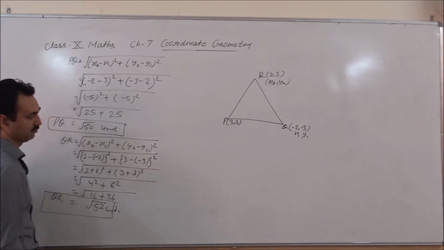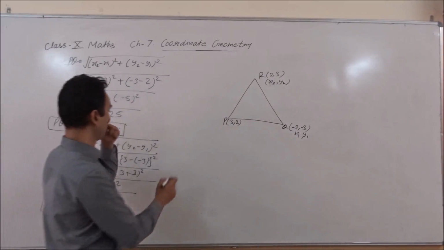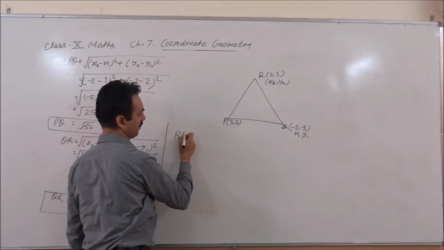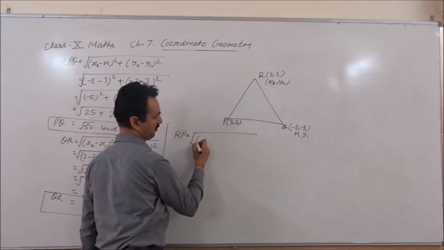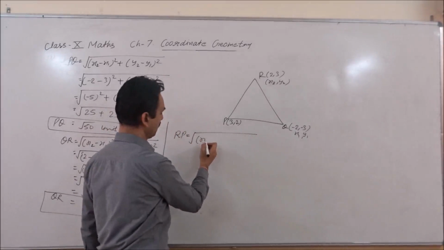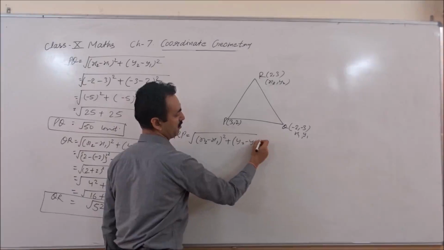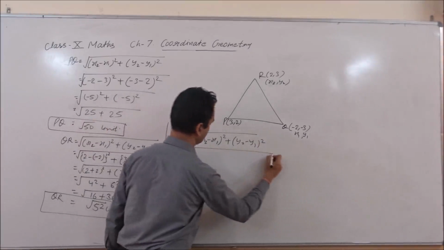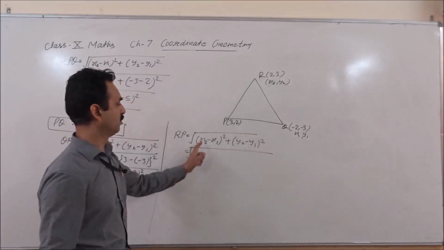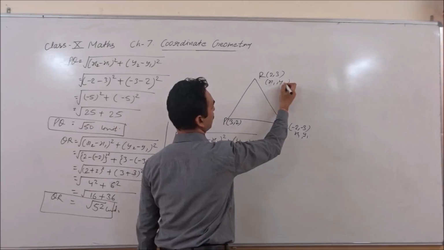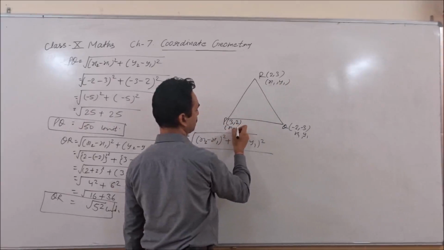Now we will find the third side, RP. Again we write the formula: x2 minus x1 whole square plus y2 minus y1 whole square. Put the values this time. This is x1, y1 and this is x2, y2.